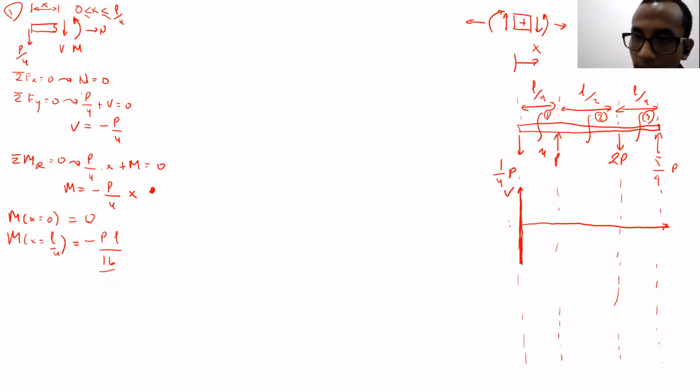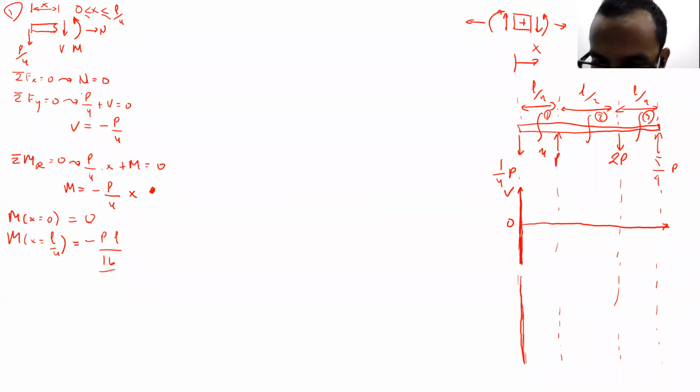This is V, this is 0. Okay, and then we will try to draw the moment diagram as well. This is our moment diagram.